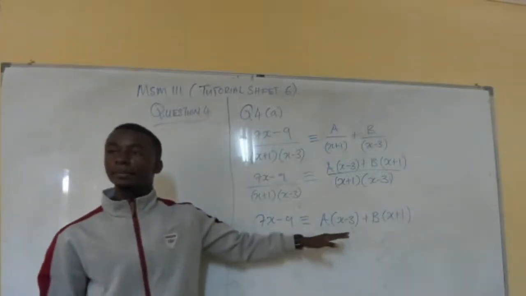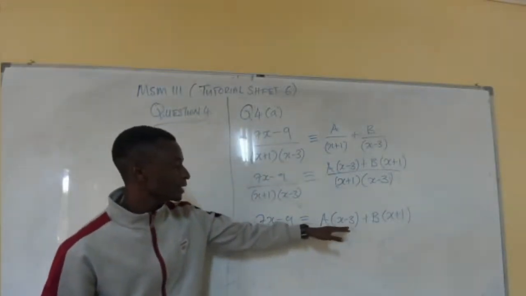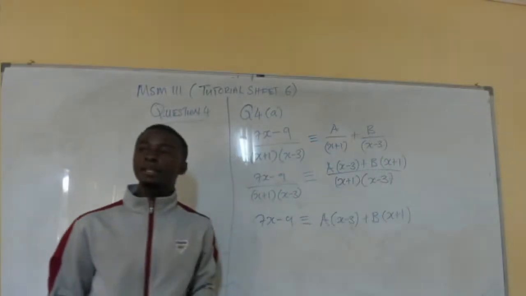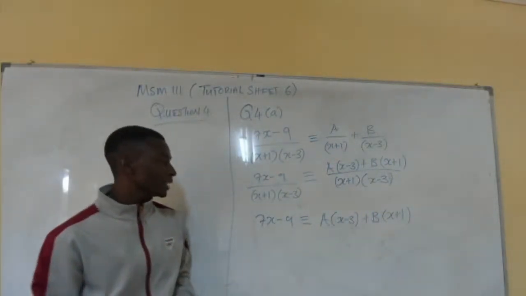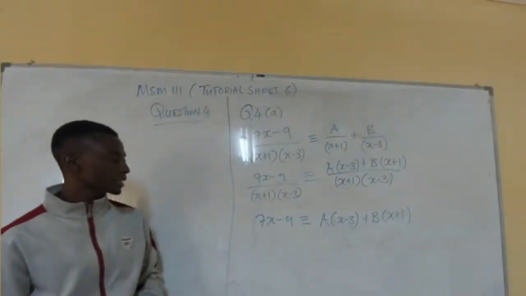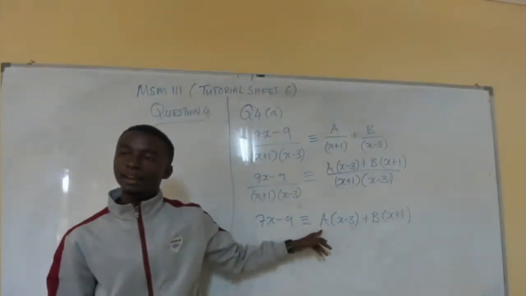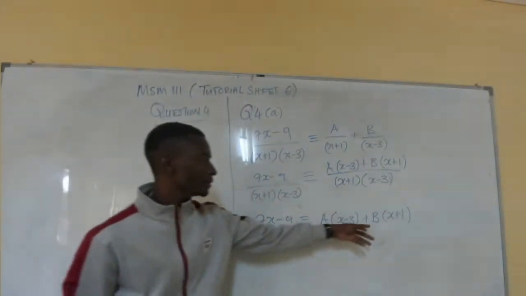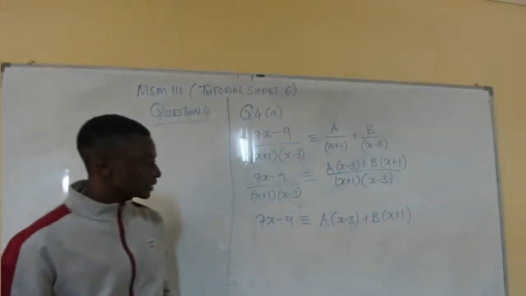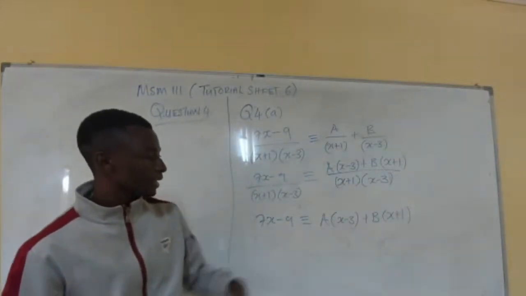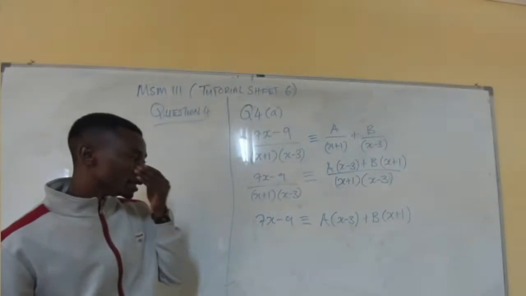What's our aim? Our aim is to find the values of a and b. How are we going to do that? The choice is yours. You can start with finding the value of a, or you can start with finding the value of b. For me, let's start with finding the value of a. How are you going to do that?